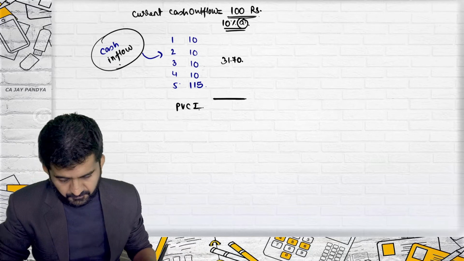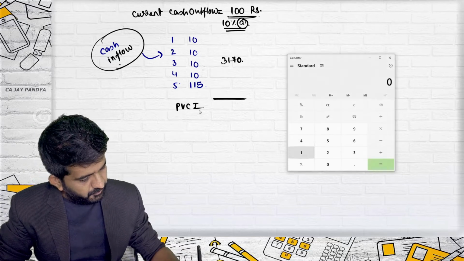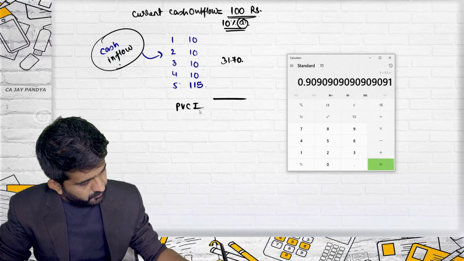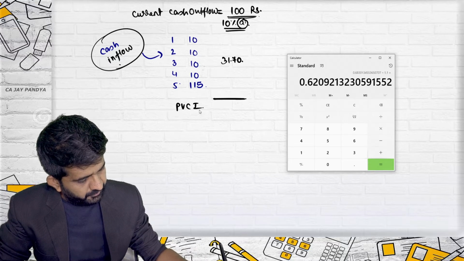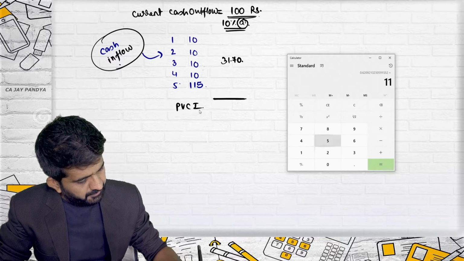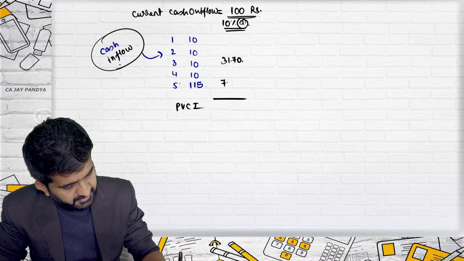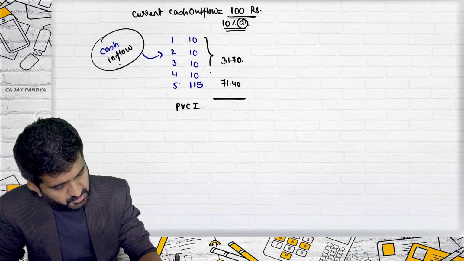And in the 5th year it will be 1 divided by 1.1, 1, 2, 3, 4, 5, multiplied by 115. It is 71.40.